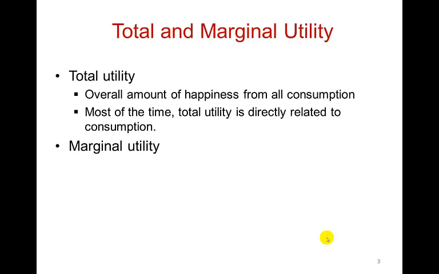Okay, so we have 2 concepts of utility. We have total utility, which is just the amount of happiness I derive from all consumption. And we have a concept that is called marginal utility. Now we've seen that word marginal throughout the course of the semester, and we know that marginal is about the change in something.